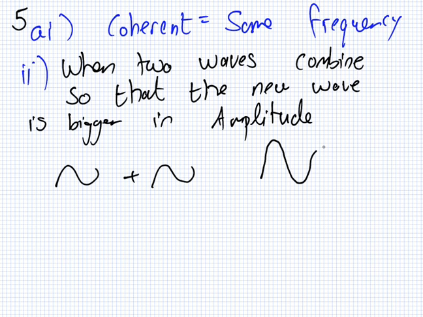Addition of waves is fine, but positive addition. You don't care for constructive interference about frequency. Constructive interference is about making the amplitude bigger, and then destructive will be making the amplitude smaller, and completely destructive will be cancelling the waves.